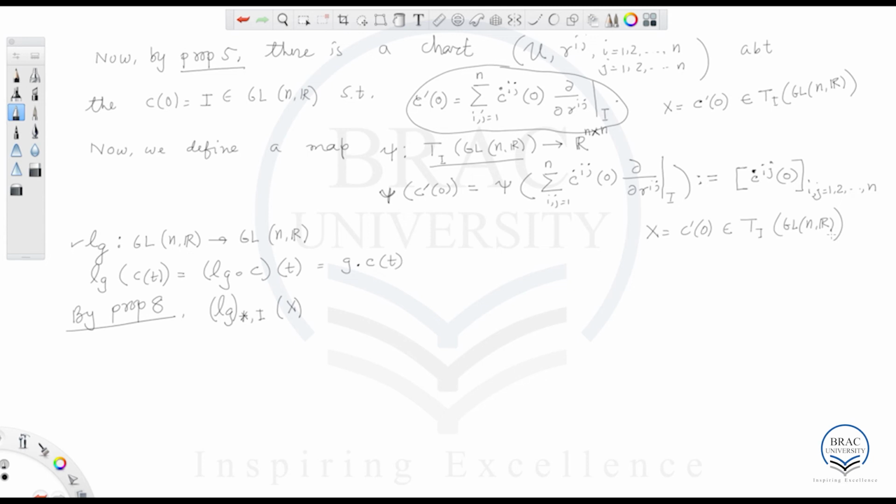So by proposition 8, this thing is nothing but (L_g composed with C)_*,0 acting on d/dt at 0.